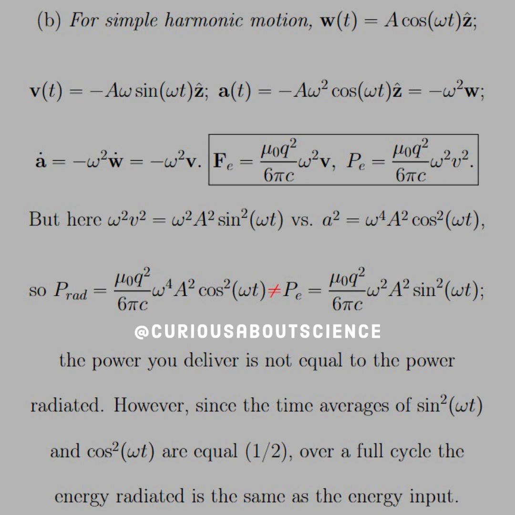Okay, so what we have to do is use the average power. So, yeah, be aware. This is the paradox here. We get an omega to the fourth instead of an omega squared v squared. Again, there are so many papers on this that I'll link below.